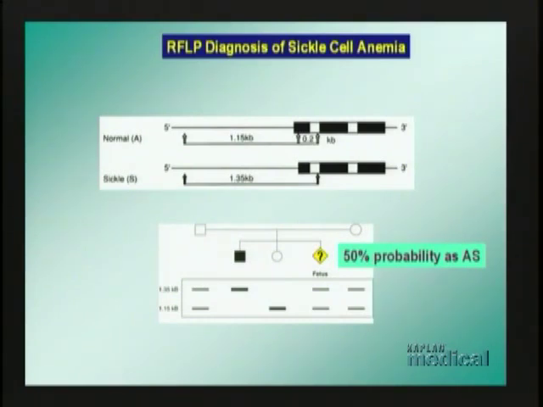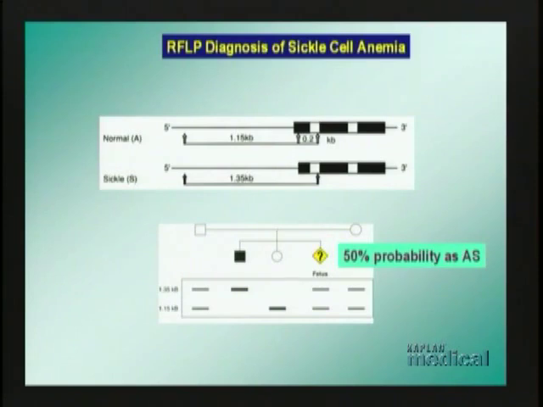Now that's based on the pedigree alone. All you can say is probability. But now with the power of RFLP analysis, we could determine precisely the outcome of the fetus.